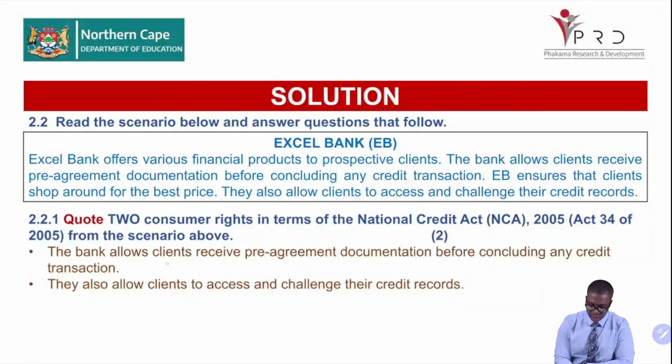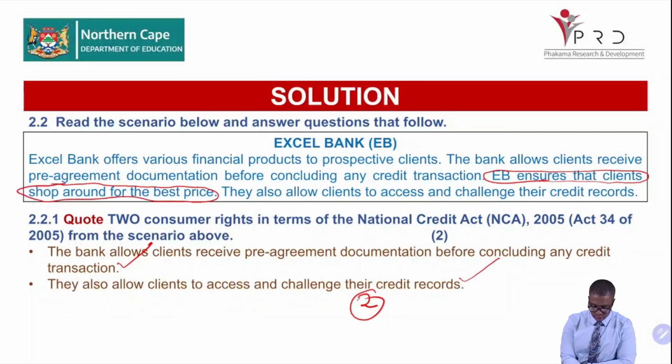The bank allows clients pre-agreement documentation before concluding a credit transaction. The bank also allows clients to access and challenge their credit records. So this is considered to be 2 marks. And where is the distractor? EB ensuring this is the distractor. This is the distractor, as I said, but this is correct and this is correct.